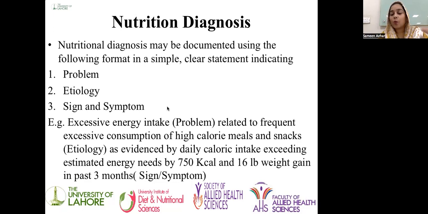Why was this happening? What was the etiology behind it? Because there was a consumption of high calorie meals and a lot of snacking. What was the point that provided you evidence? The evidence is that they are taking an energy intake exceeding 750 kilocalories and they have gained weight, 16 pounds to be specific, in the past 3 months.